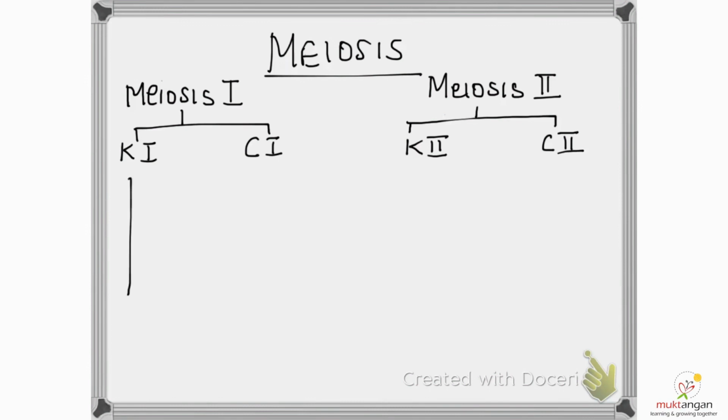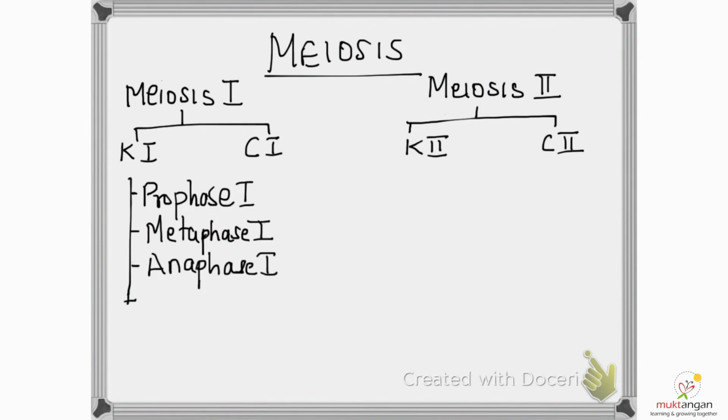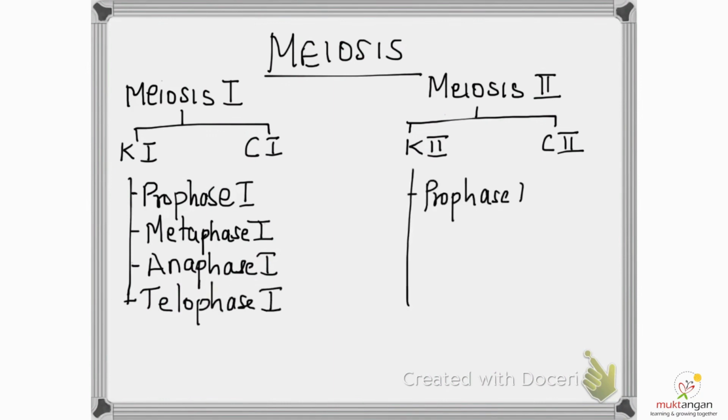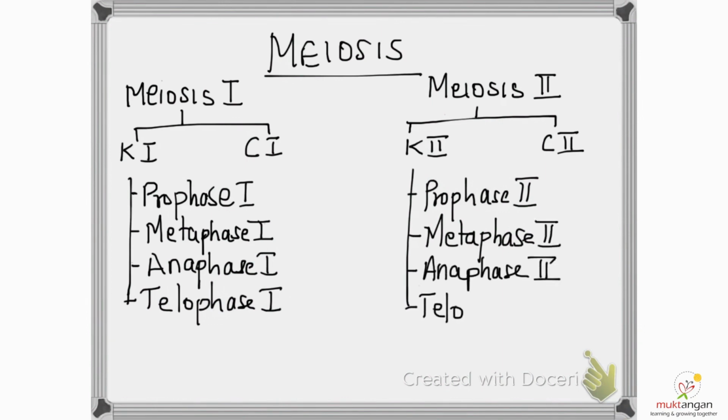Karyokinesis 1 involves four steps. They are prophase 1, metaphase 1, anaphase 1, and telophase 1. Similarly, karyokinesis 2 involves four phases: prophase 2, metaphase 2, anaphase 2, and telophase 2.